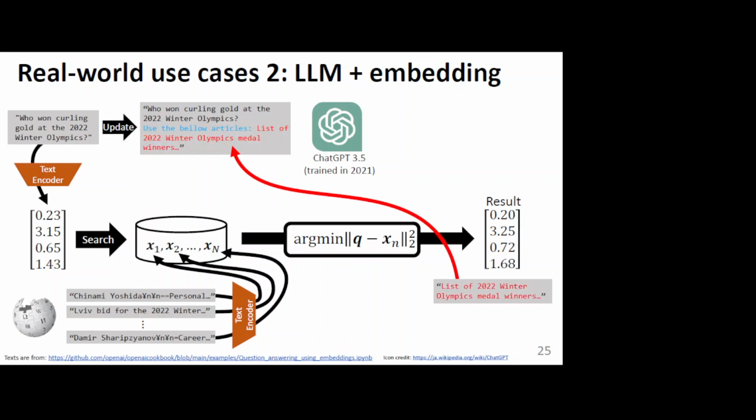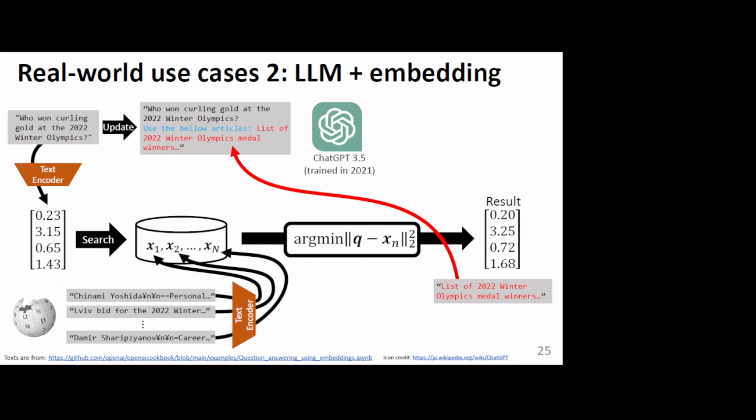Okay, so we can feed this document to ChatGPT again. It's the same query, but we have additional parts like "use the below articles that we found from the search process." So we can paste this information into the prompt together with the query.